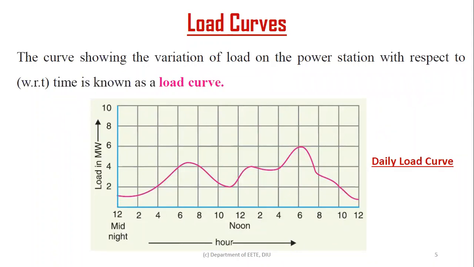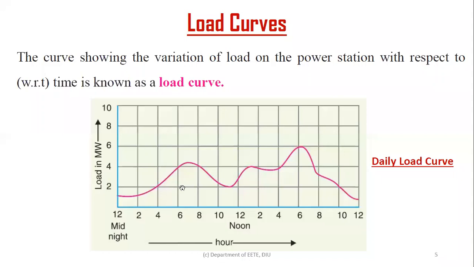Okay, what does it mean? Suppose our demand is 2 megawatt at 12, so that means we are producing 2 megawatt. Our demand in the morning, suppose at 7, is 4, so we are producing 4. Every time our production will match our demand.